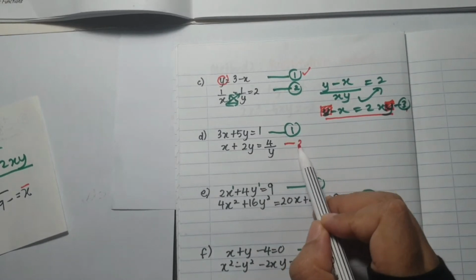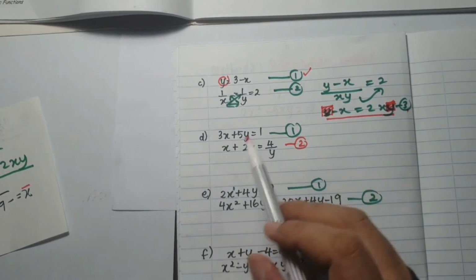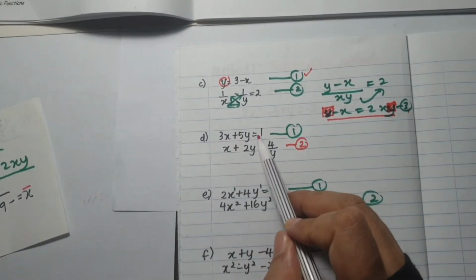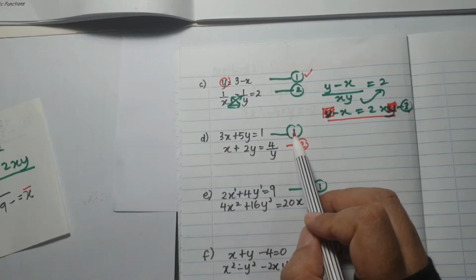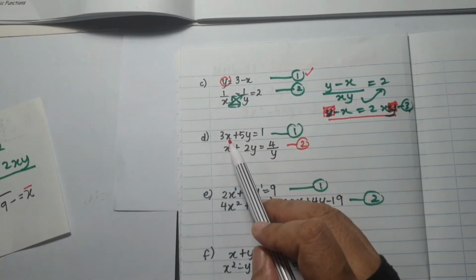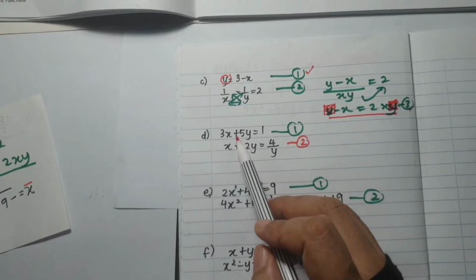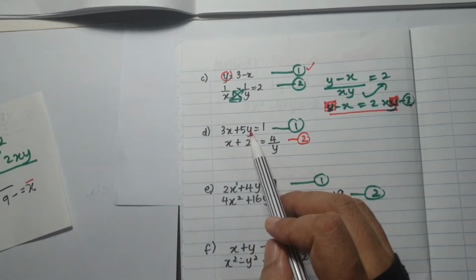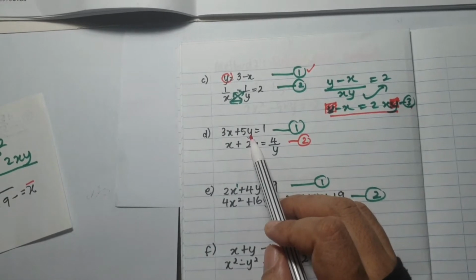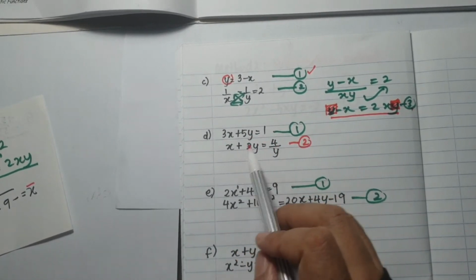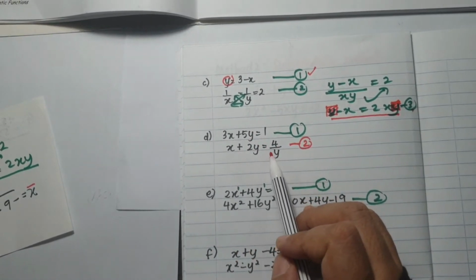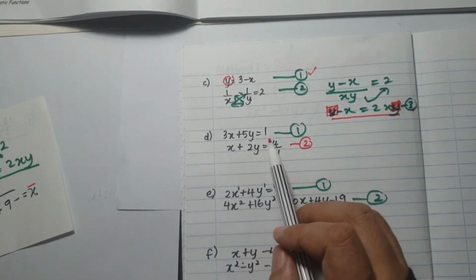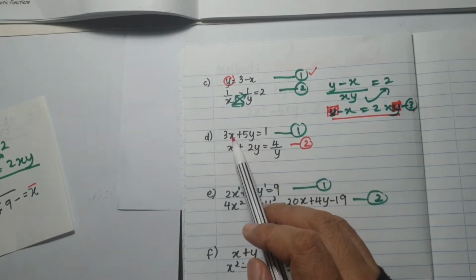How about this one? So this is your non-linear equation, and this is your linear equation. You need to express one of the unknowns as your subject. So you want to choose x or y here. First, avoid fractions. Second, look at your non-linear equation. Which do you feel is easier to make the subject, x or y?